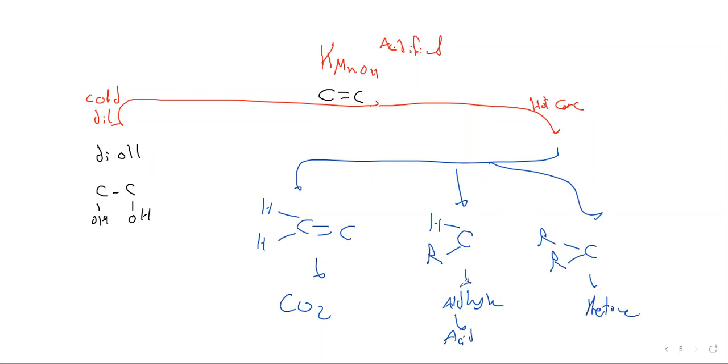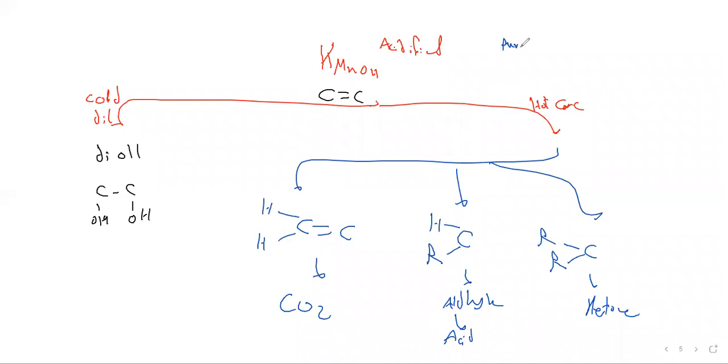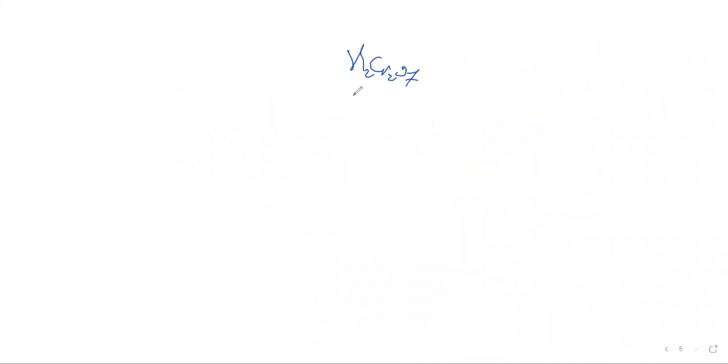And the color of potassium manganate changed from purple to colorless. While in case of potassium dichromate, orange to green.